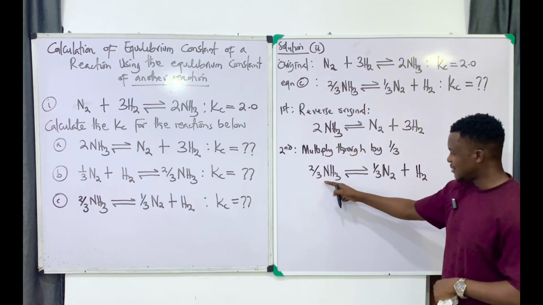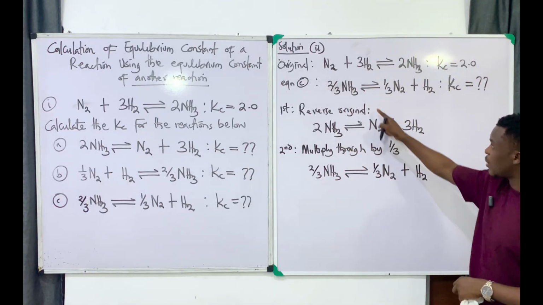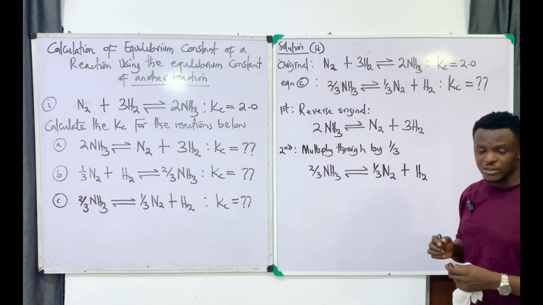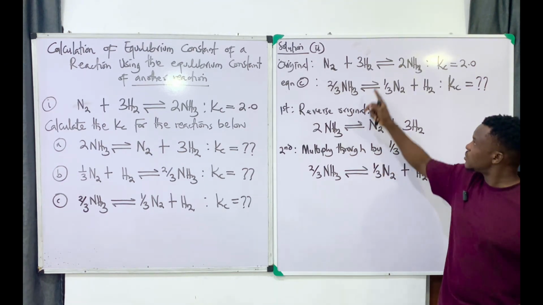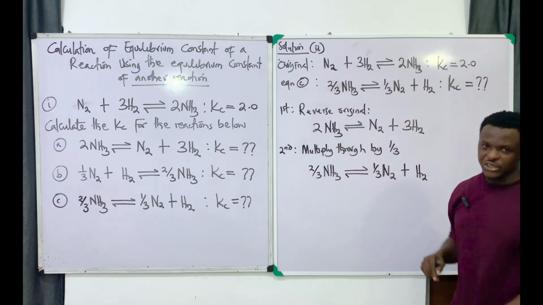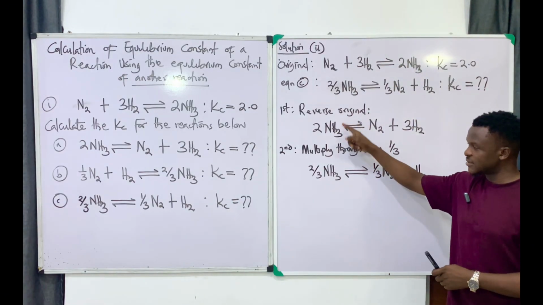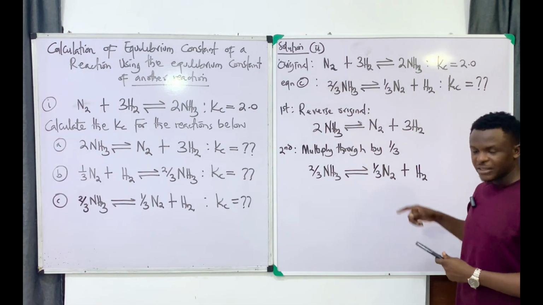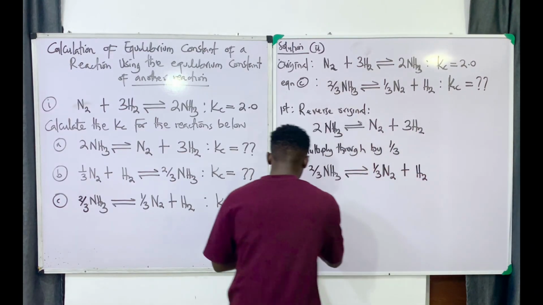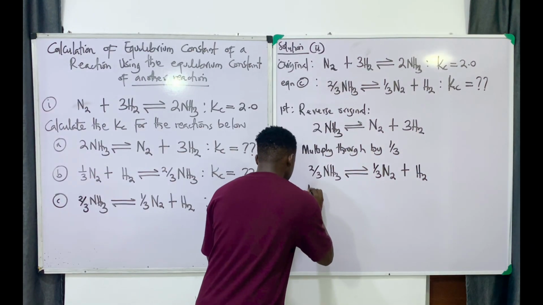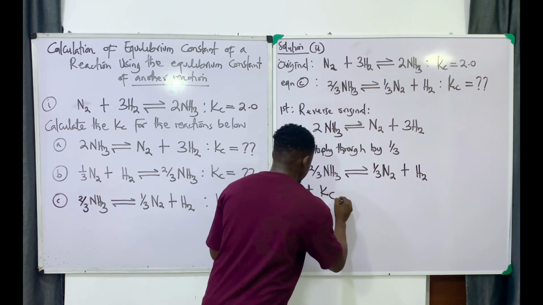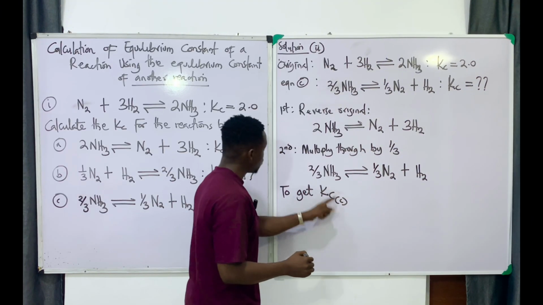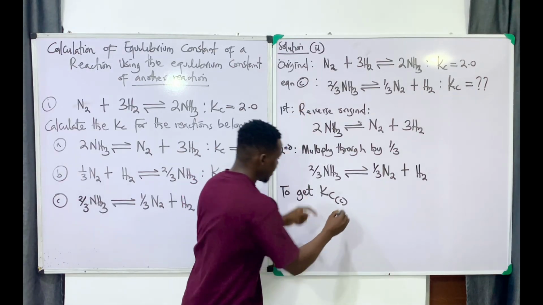So this is now what we have as equation C. But two things were done to this original equation. First, you reverse. Second, you multiply. All right, so this is now what I will say. To get Kc of equation C, which is this guy, right?